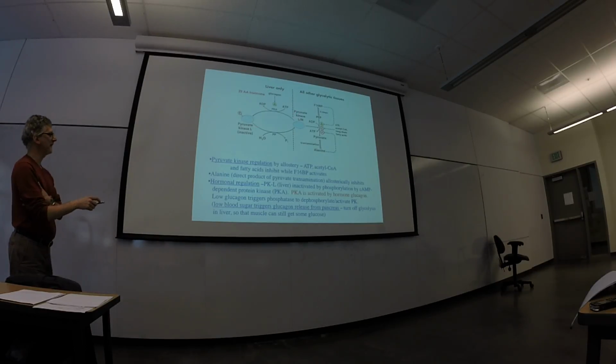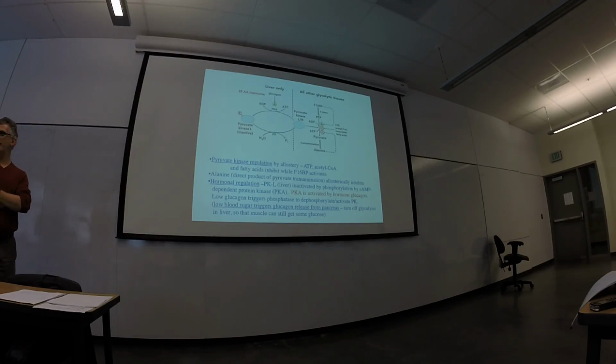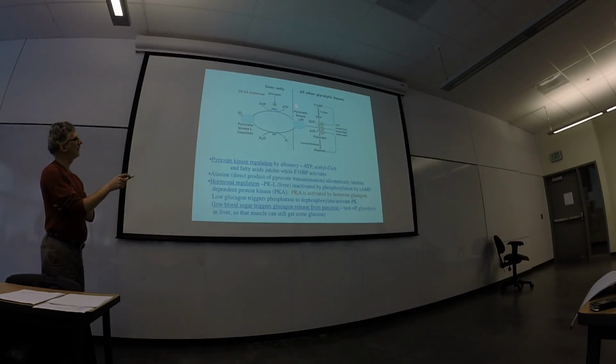So glucagon is released in the pancreas when there's a low blood sugar situation in the blood. Okay. Which means that you want to be releasing glucose. Right? So what does glucagon do?